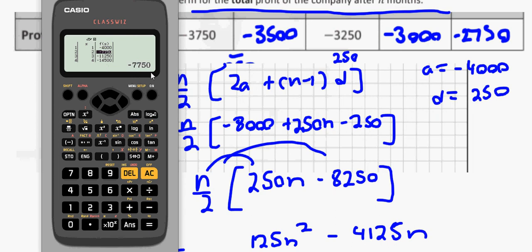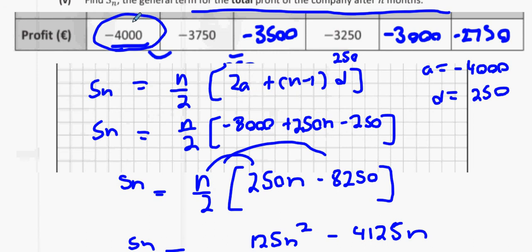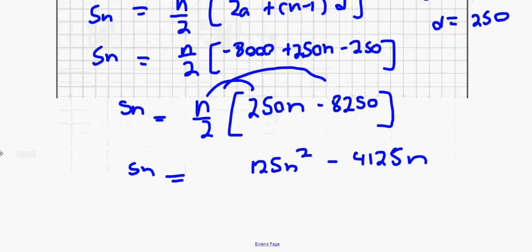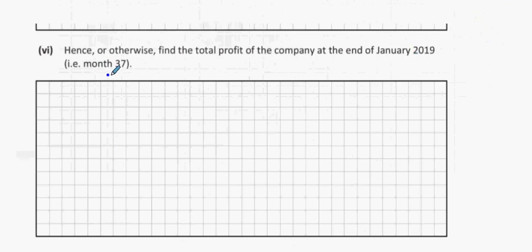Where did they get that from? The first 2 months added together. Do we know our formula is perfect? We do. Because we checked that the first 2 months add up to S2. Now we're dead certain that we're correct. Now we can move on to the next part. How much money would the company have made after month 37?